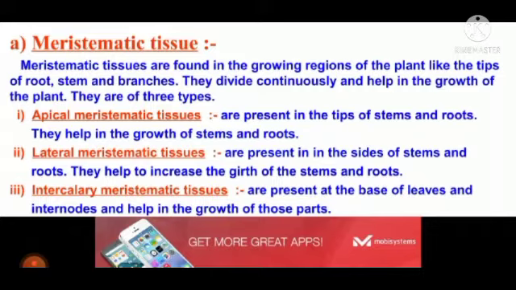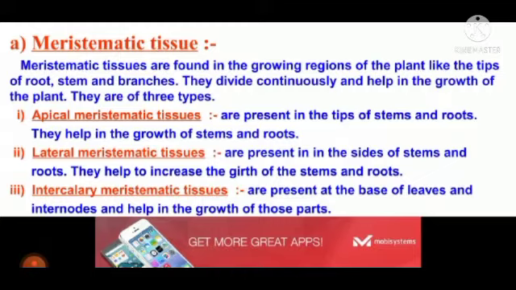So now we will discuss about the characteristics of meristematic tissue. Meristematic tissue is having spherical and polygon shape. In meristematic tissue, intercellular space is missing. Meristematic tissue has thin membrane, dense cytoplasm, and well-developed nucleus.